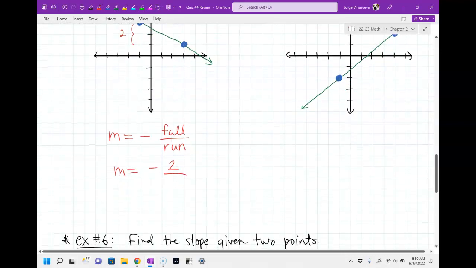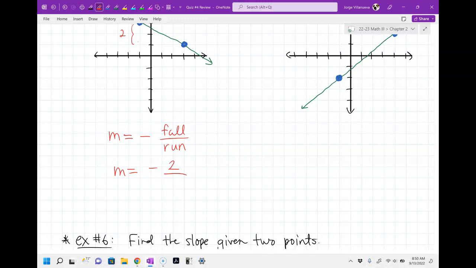Now, from this point here, right at the end, let me put a little X for you here, over to the blue dots, how many times do I have to go to the right? 5. Let's check. 1, 2, 3, 4 times. 4 times. So 1 less. I can reduce that. And there's your answer. Okay, m is equal to -1/2.